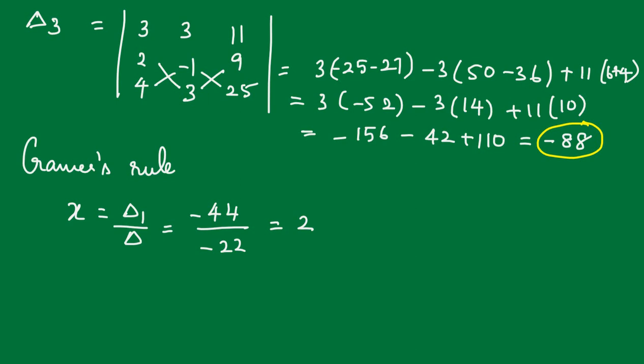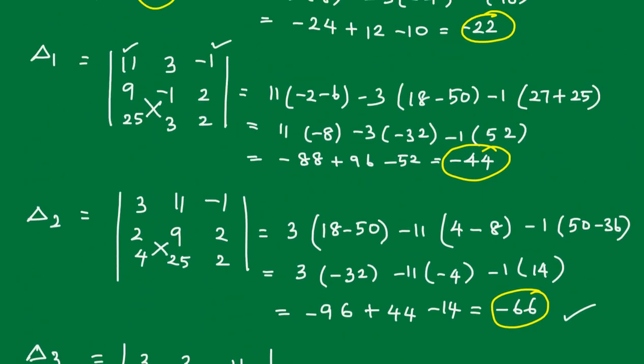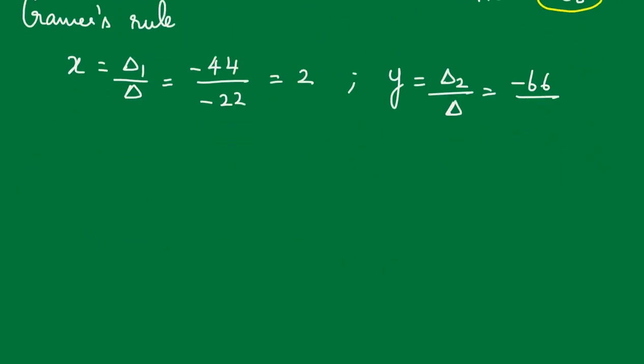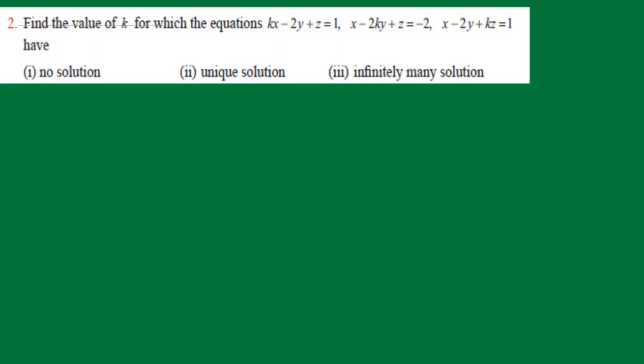Next y is equal to delta 2 by delta, which is minus 66 by minus 22, which is equal to 3. Next z is equal to delta 3 by delta, which is minus 88 by minus 22, and therefore we get the value as 4.